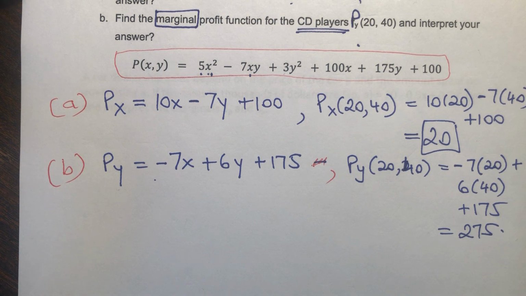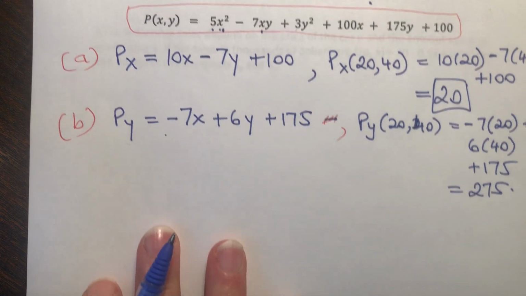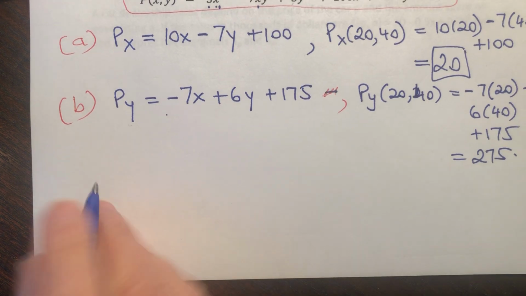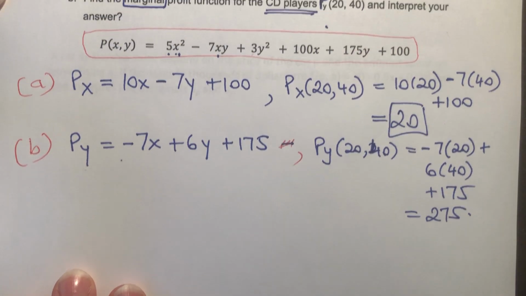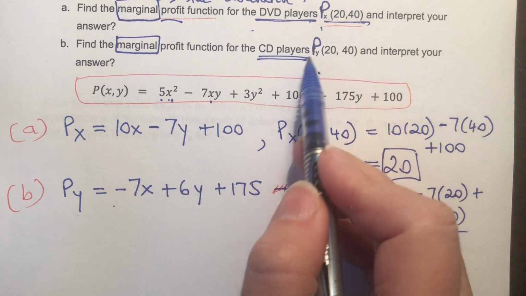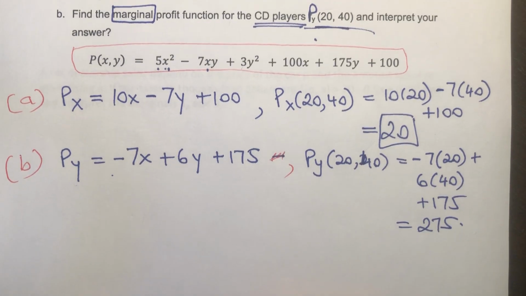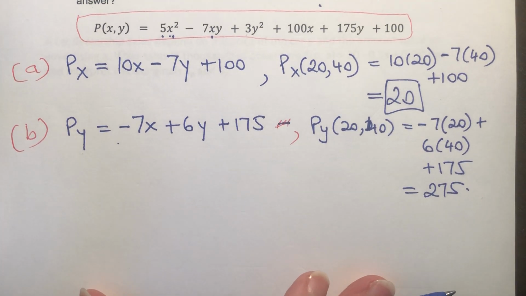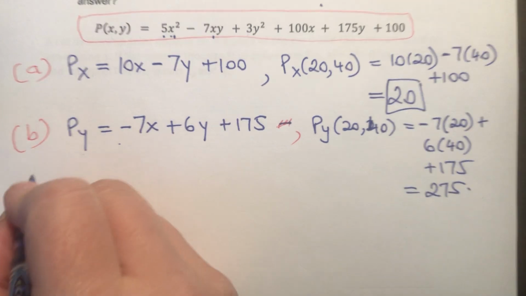So I'll write it all together so I don't have to double up on things. I plugged in a 20 and a 40, yes? And interpret the answer. Just as in the previous problems, don't forget to say when this is happening.